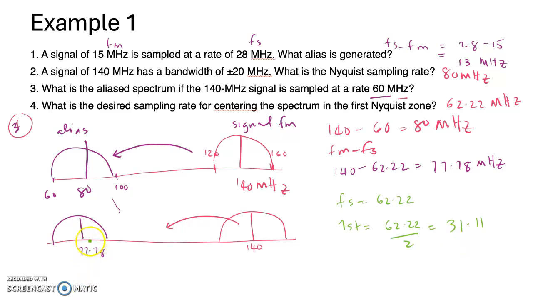So from 0 to 31.1 is the first Nyquist zone. Obviously this does not fulfill the first Nyquist zone, which means that we need to further down convert this.